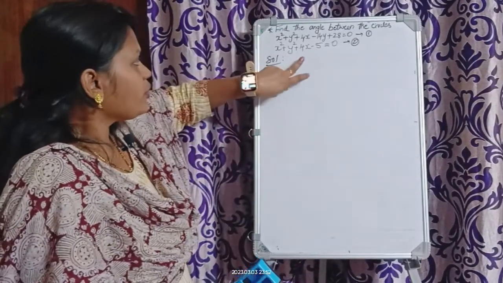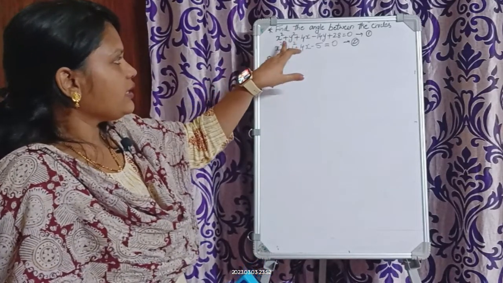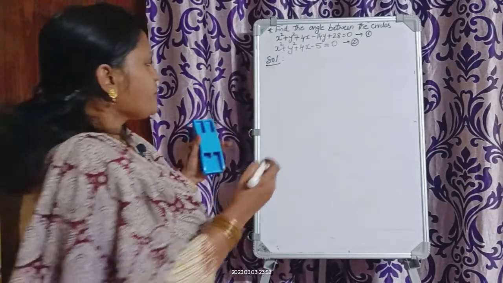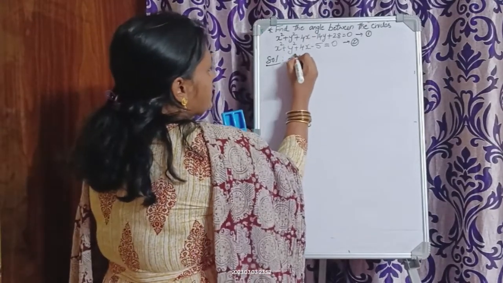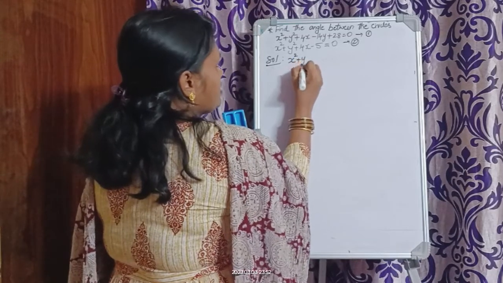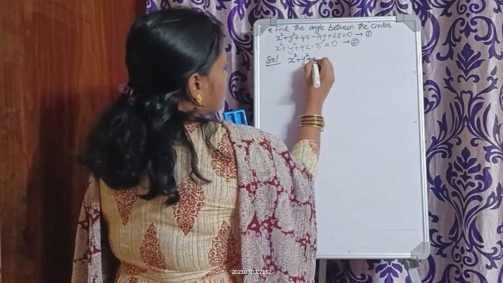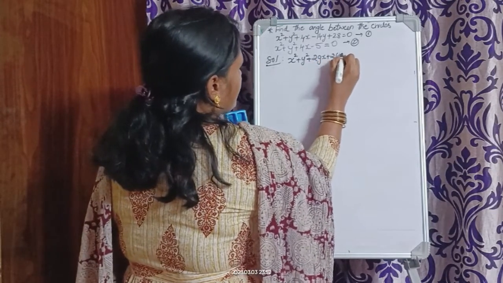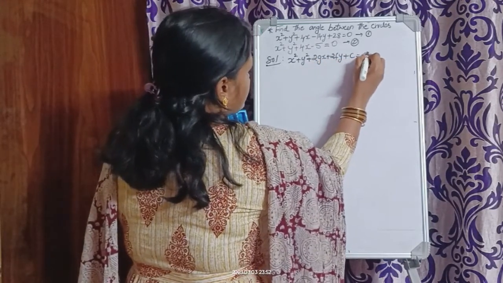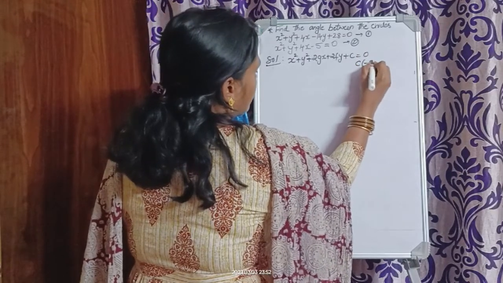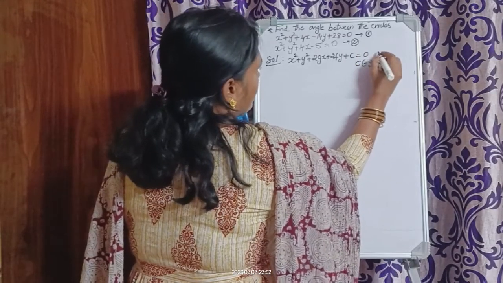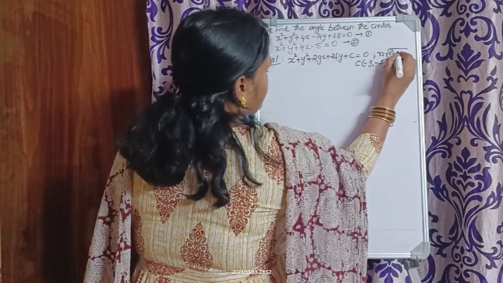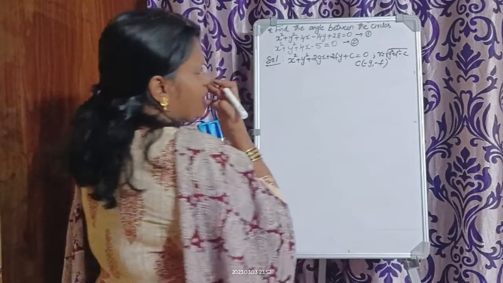So here one more type of problem they'll ask is, they'll give equations of circles and you need to find the angle between them. For that, first and foremost thing is you have to write the general form of the circle. x square plus y square plus 2gx plus 2fy plus c is equal to 0, with center as minus g comma minus f, and r is square root of g square plus f square minus c. Right?